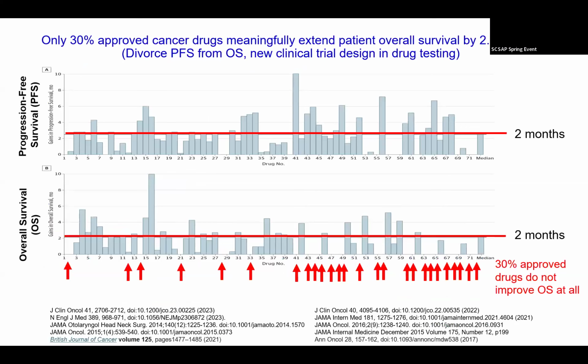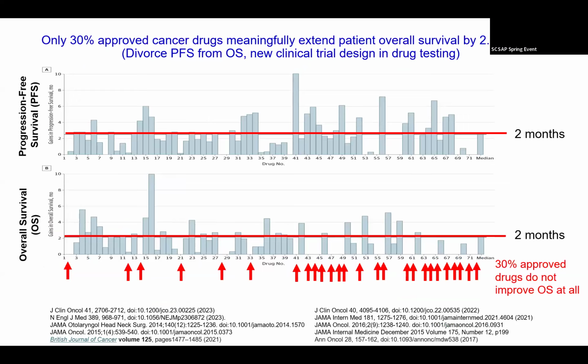The second problem, which I actually did not realize, I don't know if you realize it, is that only 30% of approved drugs, only 5% of drugs successful, are able to extend patient survival by 2.5 months. I actually didn't know that. The drug is approved through PFS, progression-free survival, of more than 2.5 months.